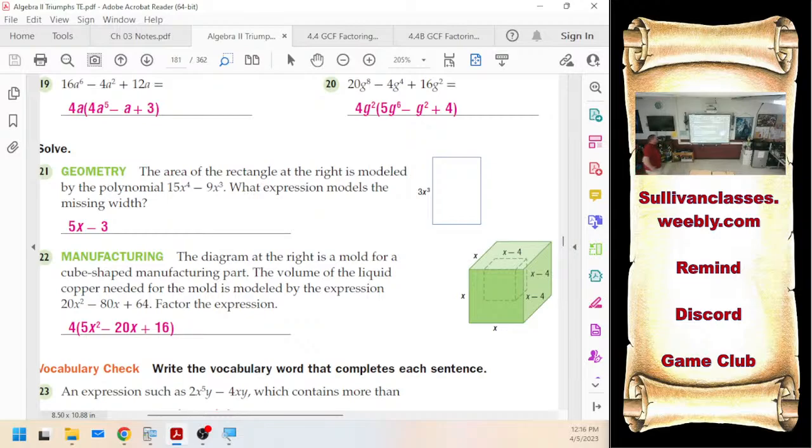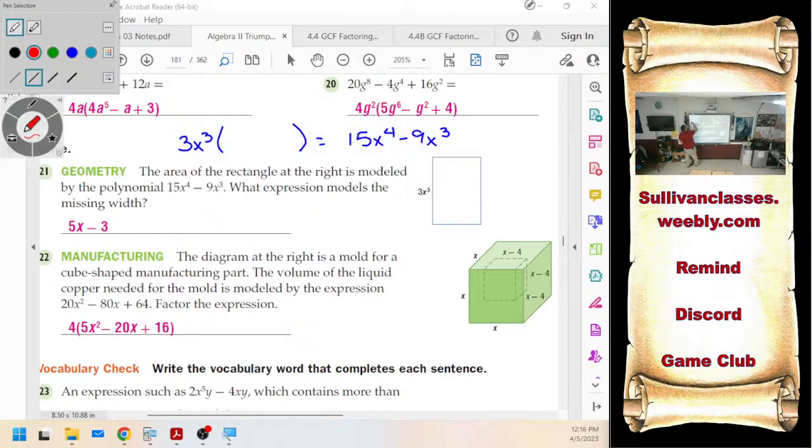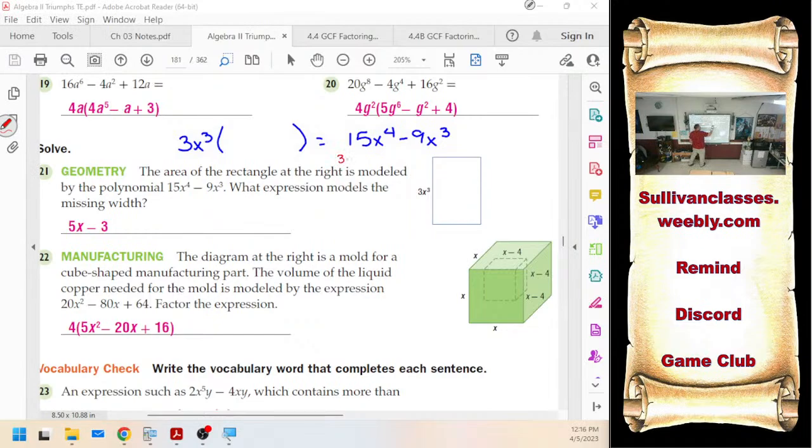So if I know that 3x to the third times something will make this, they're just asking you to go backwards from what we did before. So I'd still break them apart. I'd call this 3 by 5 is 15. 1, 2, 3, 4 x's. I would call that a -1 with a 3 and a 3 and triple x.